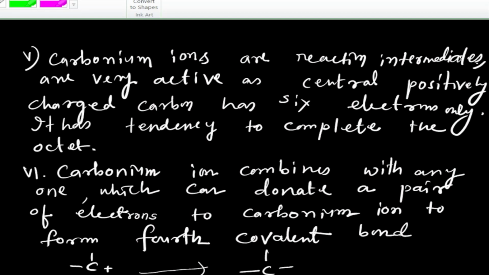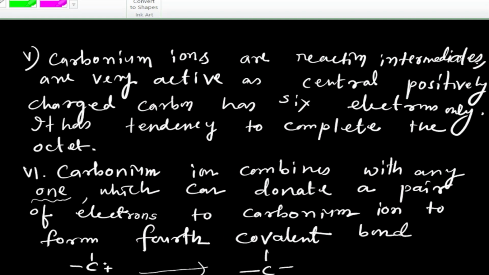That means carbonium ions are reaction intermediates and very, very active, because the central atom having positive charge has 6 electrons, and there is a deficiency of electrons to complete the octet. Carbonium ions combine with anyone. That means with whom? Anyone which can donate a pair of electrons, then only carbonium ions combine.